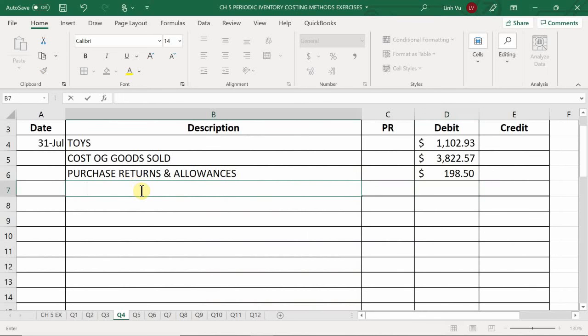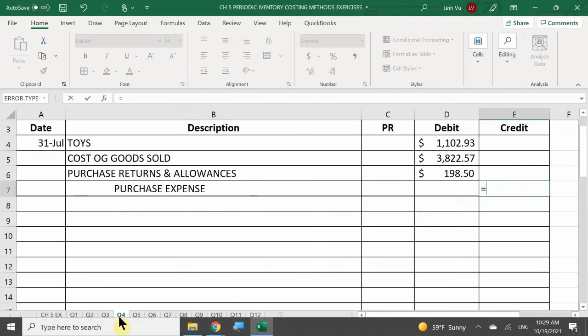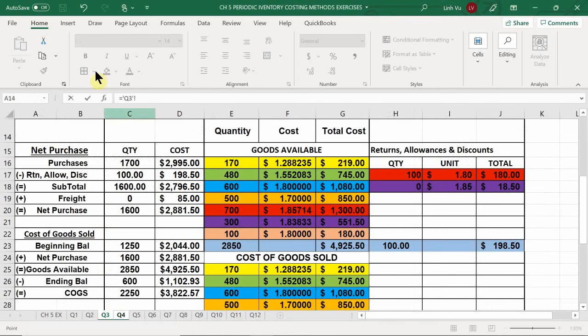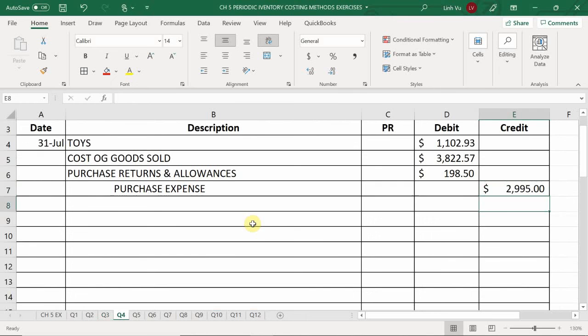Purchases expense. At what total value was my original purchase expense? 2,995. Good. Okay.